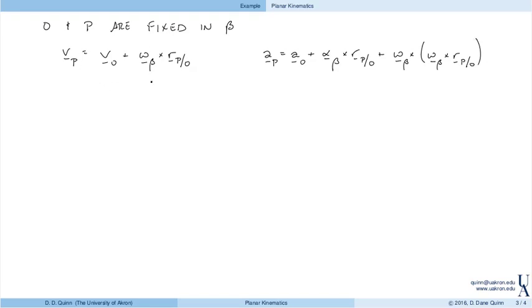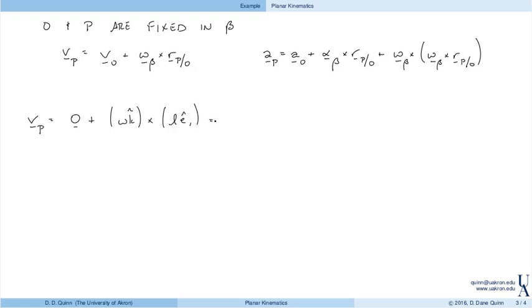Now I need to take these expressions and substitute in the values that I know. So, looking at these two, the velocity of P is equal to the velocity of O, which is 0, O is fixed in the ground, plus the angular velocity, which at this instant is omega k, cross L E1.